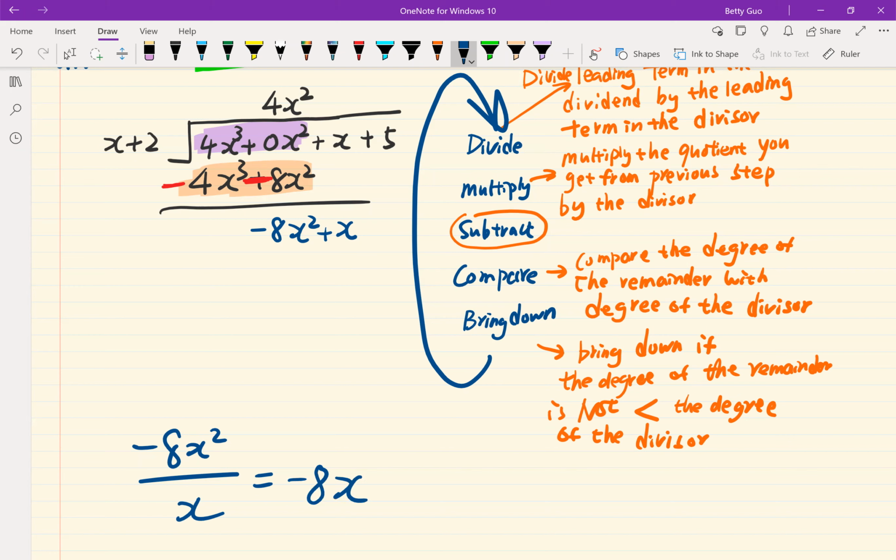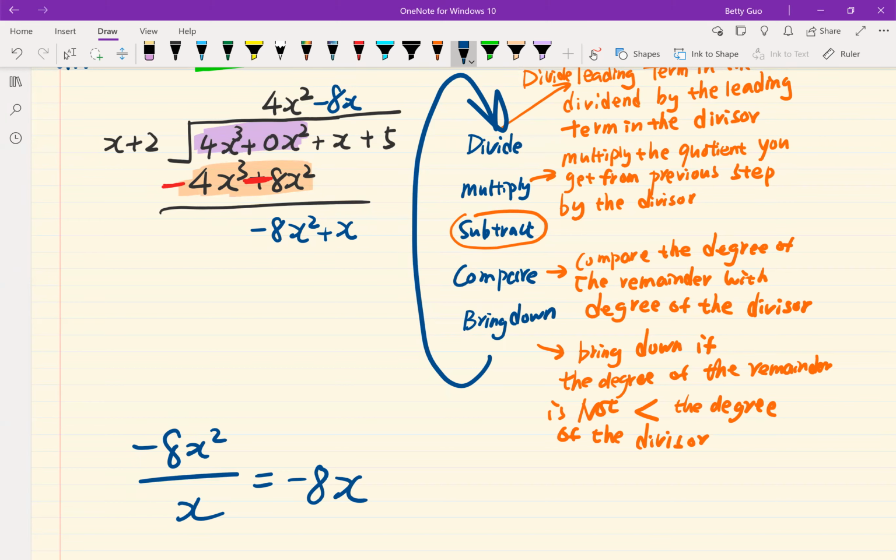Where do you put that quotient? You put the quotient above the division symbol, on top of the x term, because they are like terms. So we put a negative 8x right here.